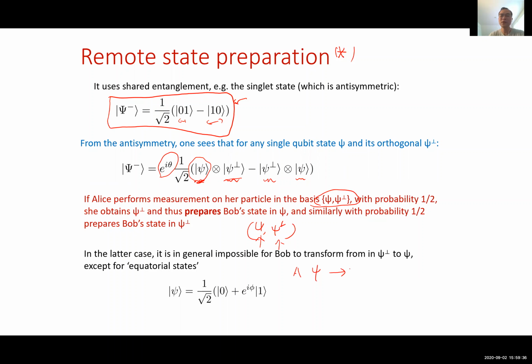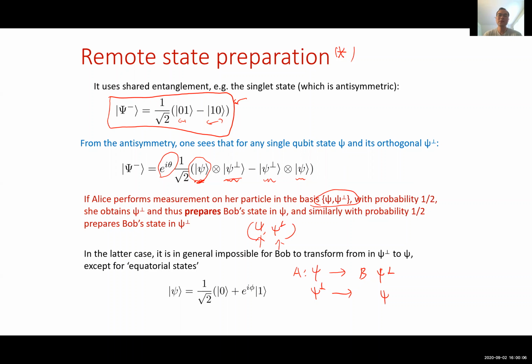So A gets psi and B gets psi perpendicular. If A gets psi perpendicular, B would get psi. So in some sense, by A performing the experiment, I can project B's state to either psi or psi perpendicular. This is called remote state preparation, meaning that Alice is preparing the state for Bob.